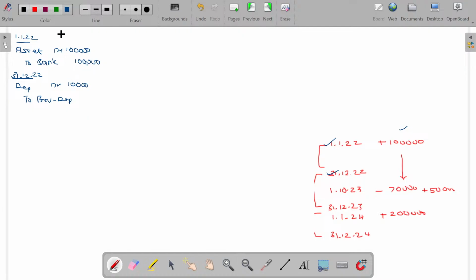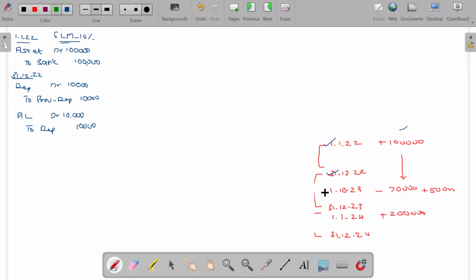SLM method, rate of depreciation being 10%. And whatever the depreciation we have in the year end not required to be maintained, transferable to the P&L account. So here P&L account debit to depreciation. This value being 10,000.